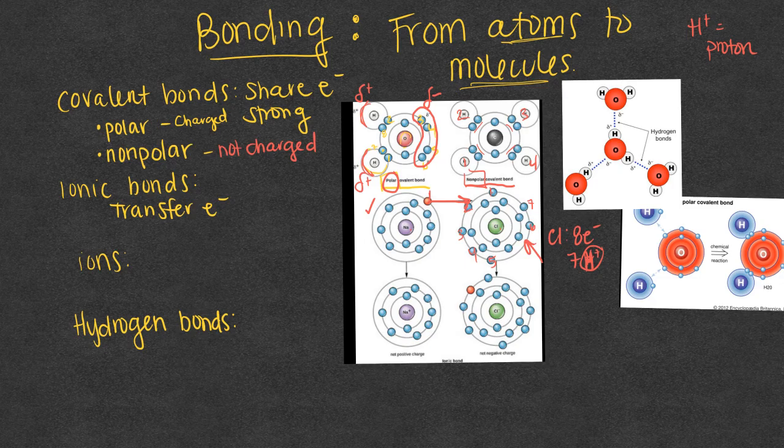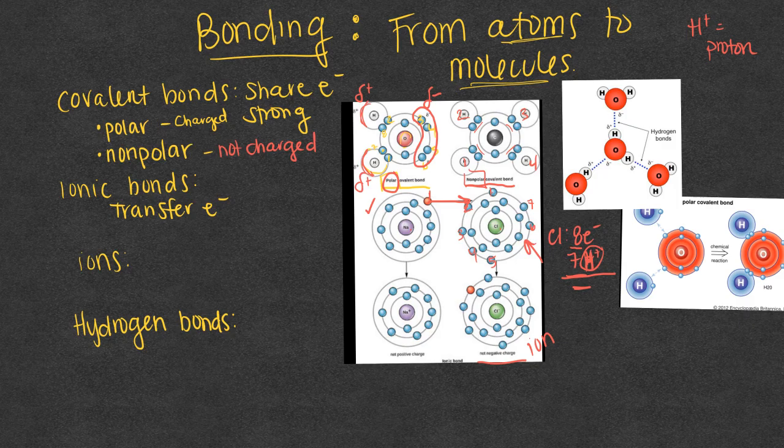So that means it does not have an electron, because hydrogen only has 1 proton, 1 electron. If it's positive, it means it got rid of its negative. So just a proton. Since this chlorine has 8 negatives and 7 positives, it has a difference of an extra negative. So this is a negatively charged ion.